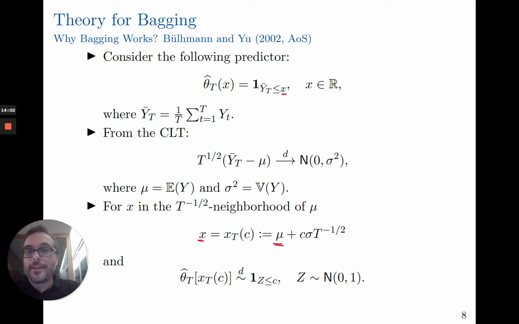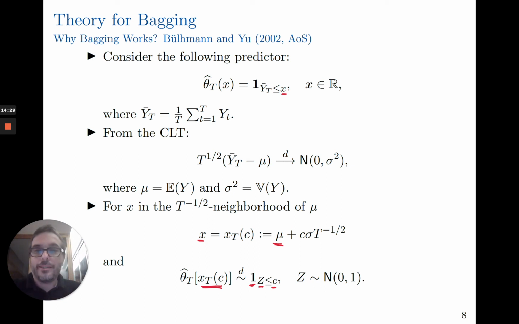So we can say that theta evaluated at this new threshold is approximately distributed as an indicator function of a standard Gaussian random variable Z being less than or equal to c. Why?